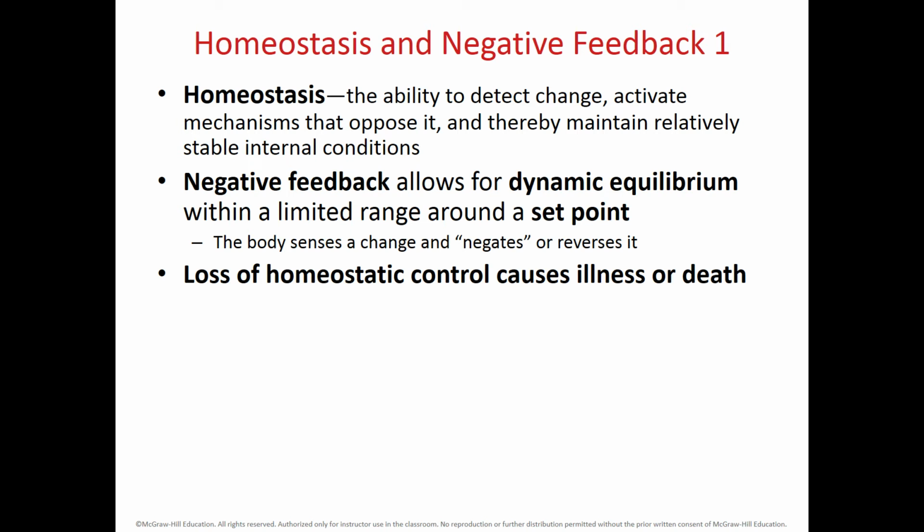Once you have produced a change in your body, you will try to reverse it through negative feedback. So you can have a specific set point. And when someone is incapable of reversing this drastic change in our body, the person will lose homeostatic control, and this can result in illness or death.